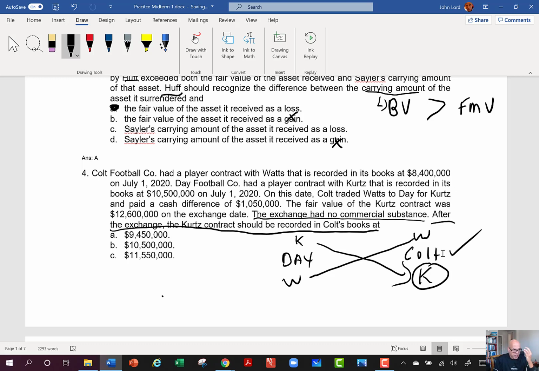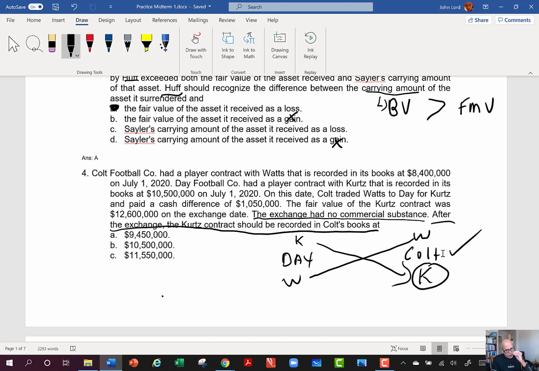And then it helps to stop and think about, well, what are the rules here? If it's a no commercial substance transaction, then we're going to bring the new asset, in this case this Kurtz contract, onto Colt's books at the book value of the assets surrendered, minus any loss, or potentially plus any gain, because cash is involved in this transaction.